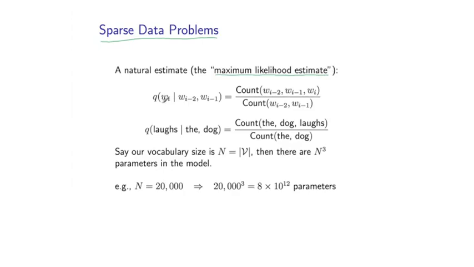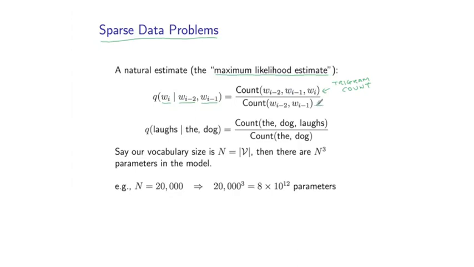If I'm estimating the parameter q for some word wi, conditioned on previous words wi minus 2 and wi minus 1, then we simply define this parameter estimate as the ratio of two terms. On the numerator, I have what is often called the trigram count, and this is simply the number of times I've seen the sequence of words wi minus 2, wi minus 1, wi in my training corpus.